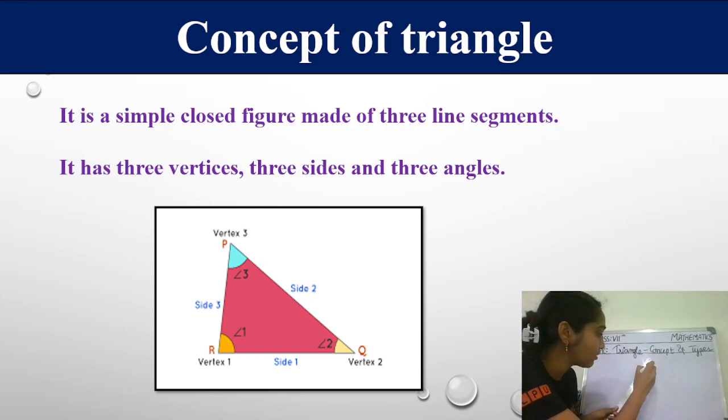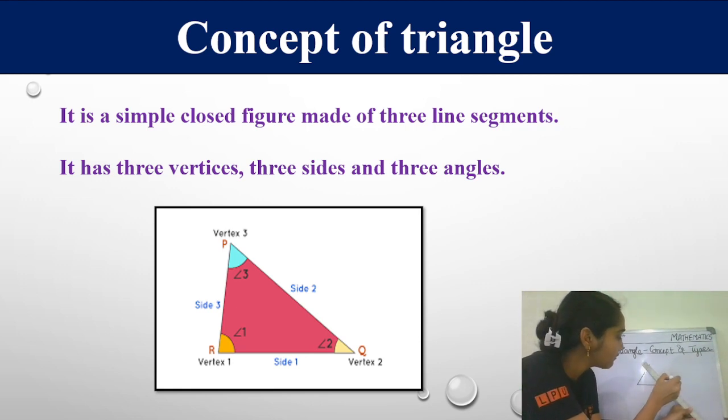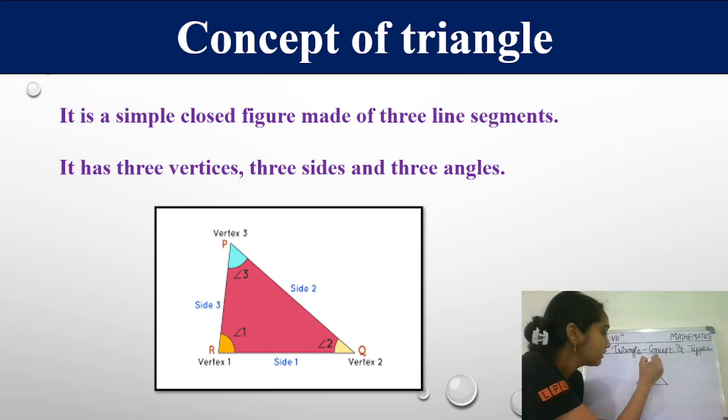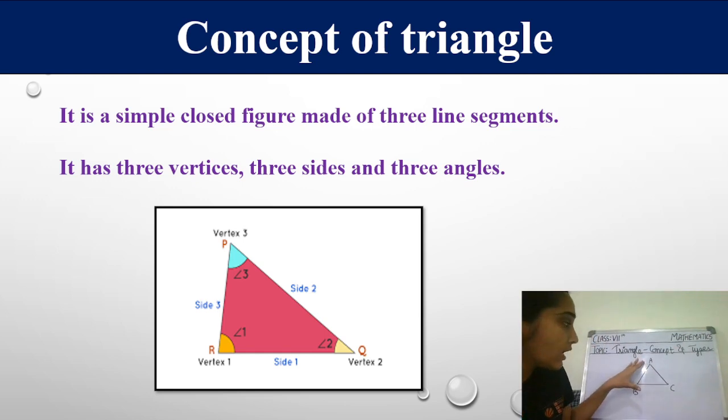So students, if I draw a triangle over here like this, with three vertices and three sides, this is the first vertex, let me name it A. This is the second, B. This is C. So eventually we can say that a triangle is a closed figure.